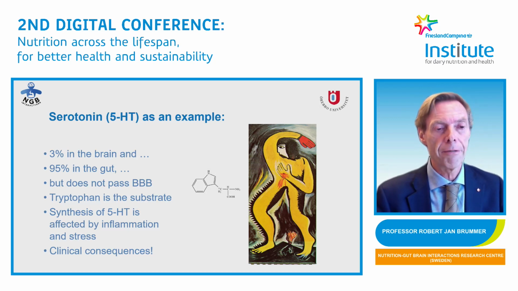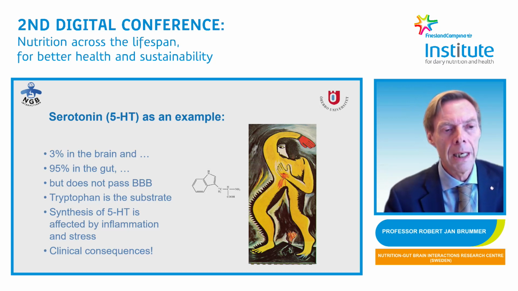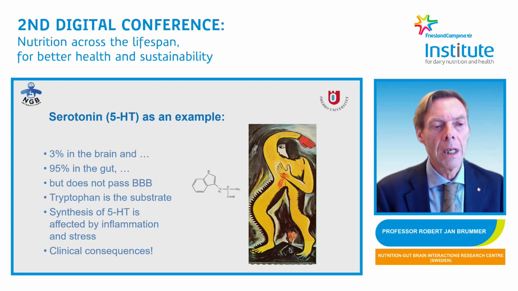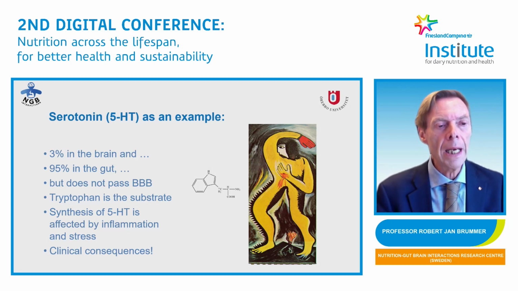More than 95% is in the gut, and a little bit also in the thrombocytes. Important to understand is that serotonin as such can't pass the blood-brain barrier. However, tryptophan is the substrate of serotonin. Tryptophan is an essential amino acid, and tryptophan can pass the blood-brain barrier.